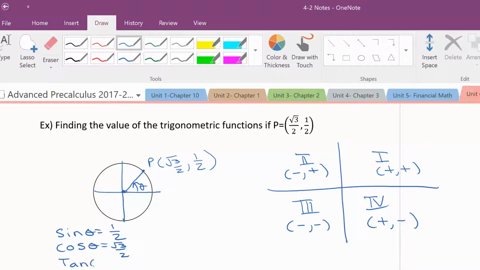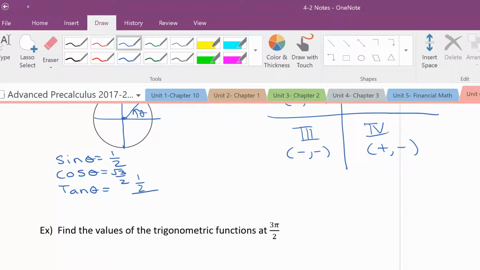Tangent theta is going to be 1/2 over √3/2, which equals 1/2 times 2 over √3, which equals 1 over √3, which is √3/3, because those cancel out. The cosecant is just the reciprocal of sine, so it's 2.